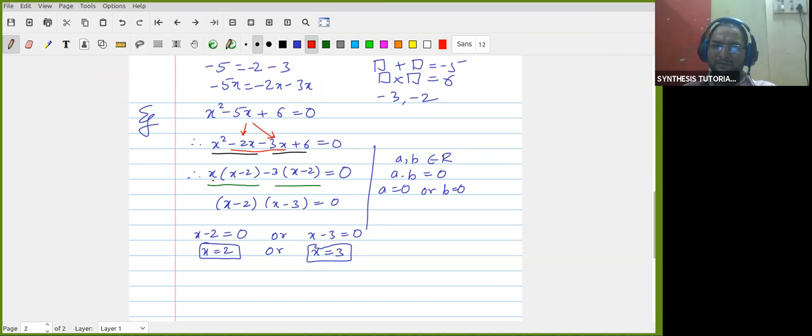Yes or no? If I take x common from x square, what will remain? Only x. Now from minus 2x, if I take this x, what will remain? Minus 2, right?